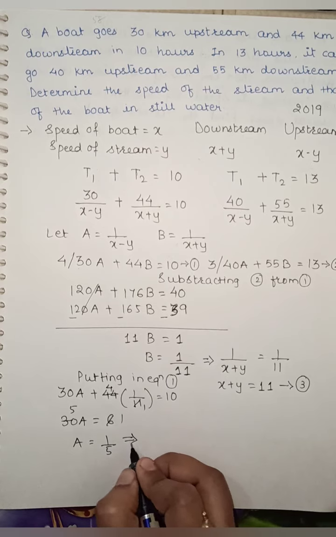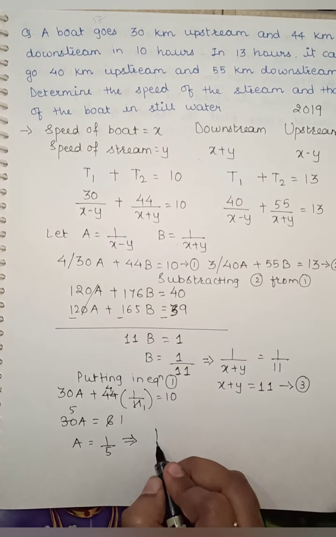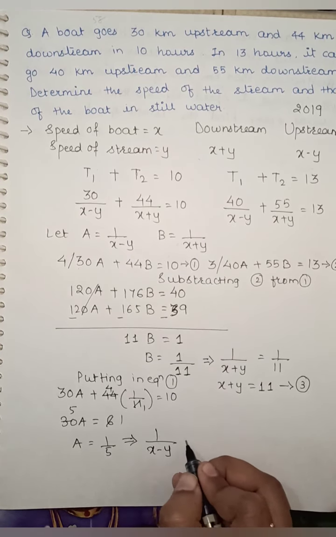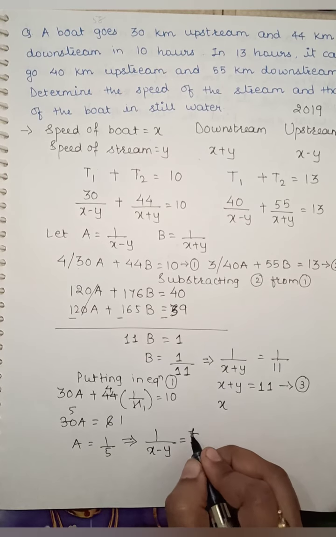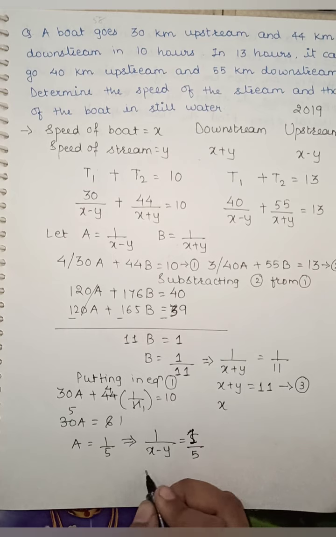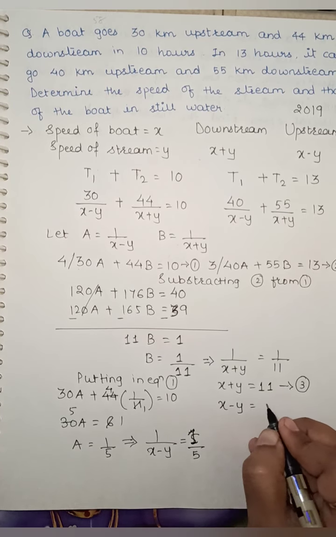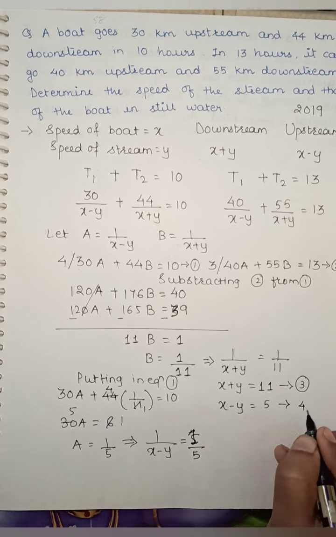But what is your a? a is your 1 upon x minus y, so I can write 1 upon x minus y is equal to 1 by 5, which means x minus y is equal to 5. This is your equation number 4.